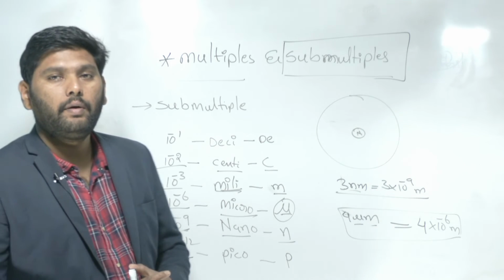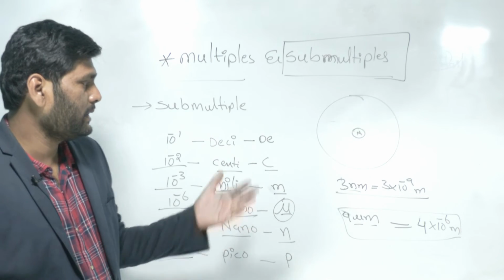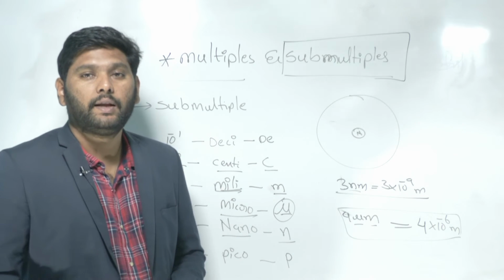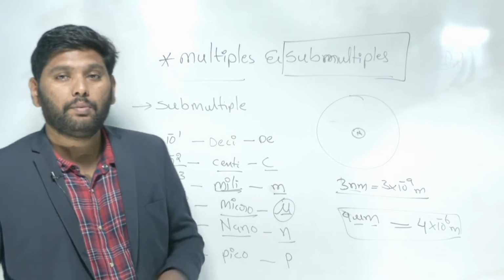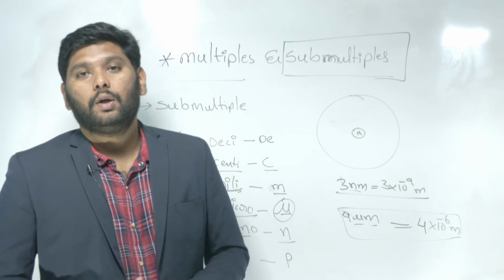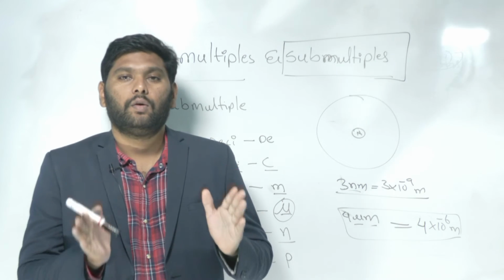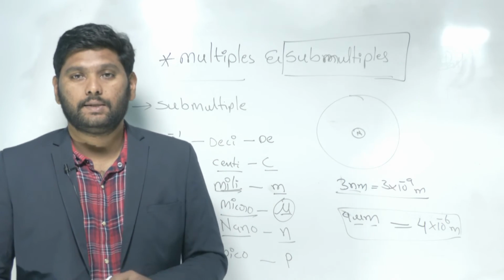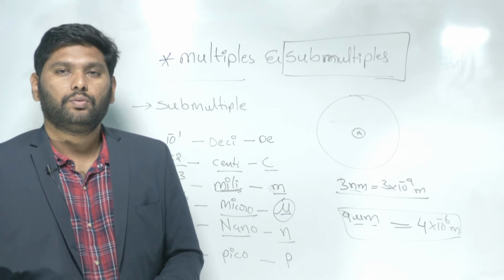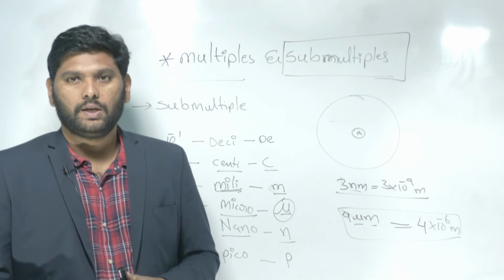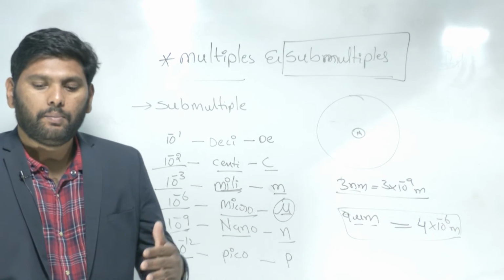I hope you have understood this. These multiples and submultiples are also useful for converting one system of unit to another system of unit. I think you got it now how we are using these multiples and submultiples.